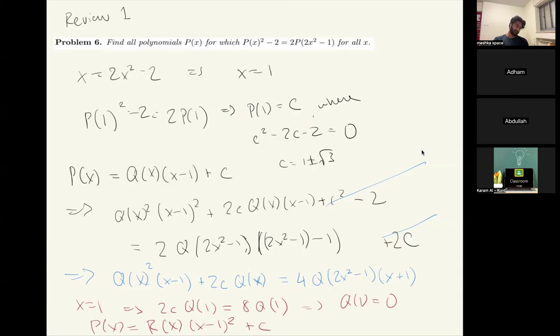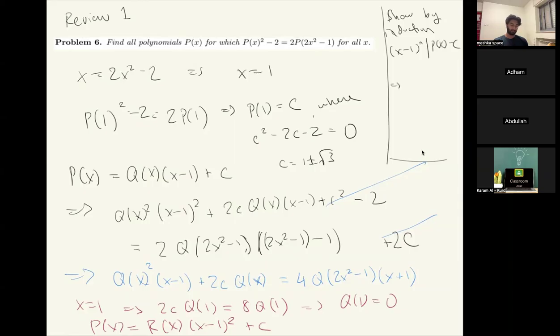I won't do the details here because I think it's just some kind of calculation, but you should do it on your own. But what's the conclusion? I don't have much space to write it, but I'll just write. The conclusion will be, you can show by induction that x minus 1 to the n divides p of x minus c.